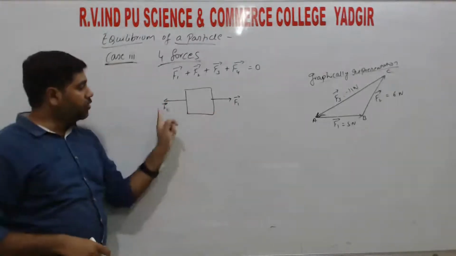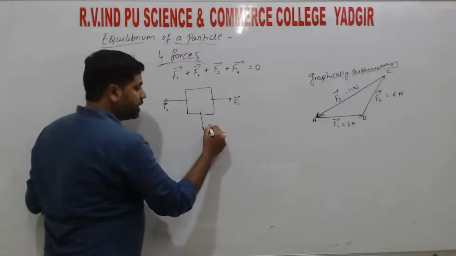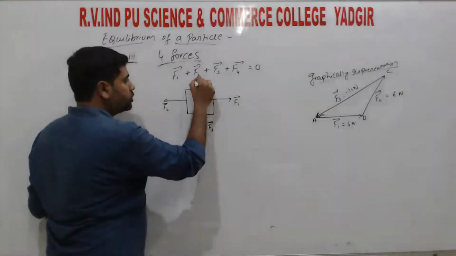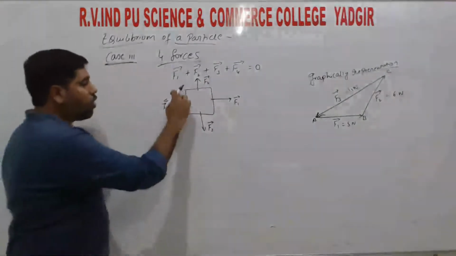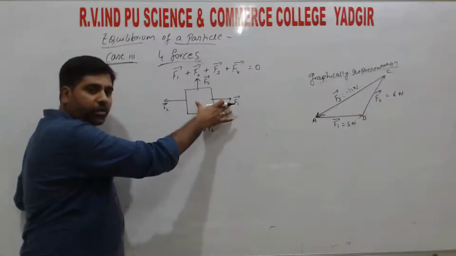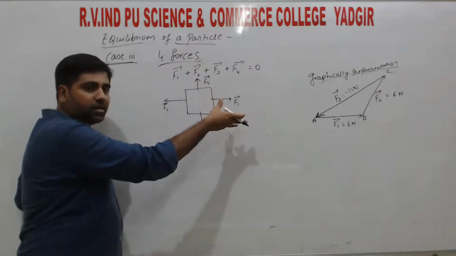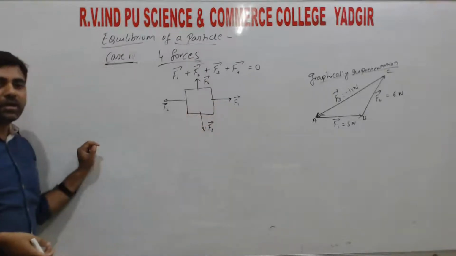So F1 is equal to minus F2. Likewise, one force will be acting in this direction, F3, and opposite to F3 is F4, right? So if all these four forces have the same magnitude, it is represented in the square form. If the magnitudes vary, it is represented in the rectangle form.